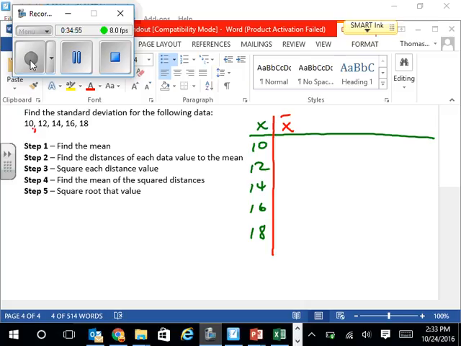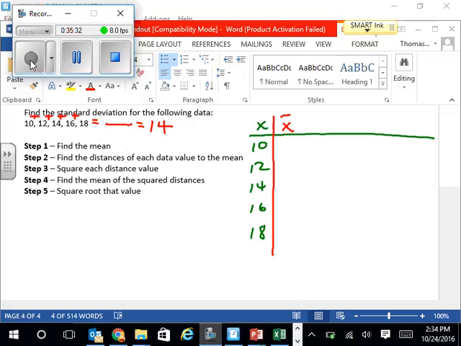Remember what the top one was? 17. Thank you. So they got a 14, and on each row, they put down that 14.